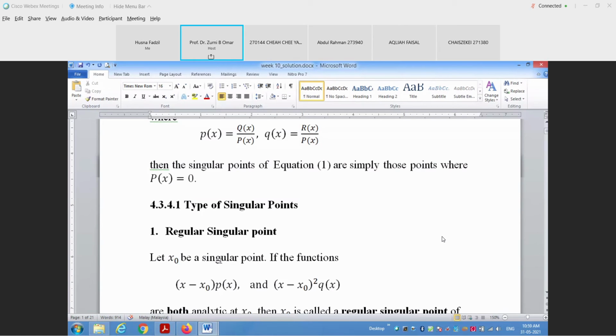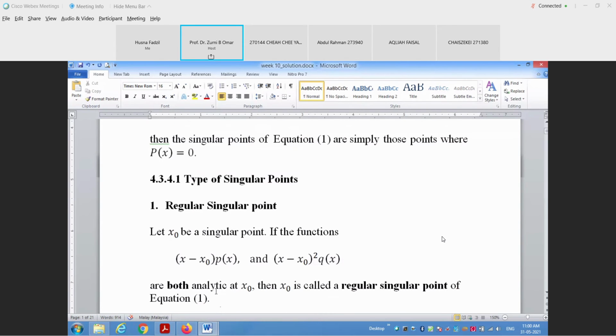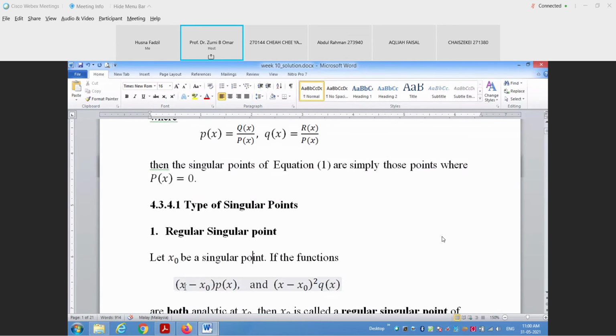Now, in order to determine the types of singular points, first we need to construct these functions: (x minus x naught) times p(x), and this one is small p(x), not capital. And also (x minus x naught) squared times q(x), this one again small q.